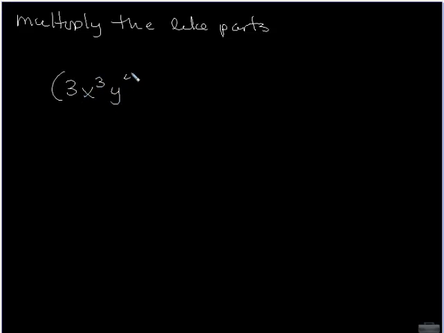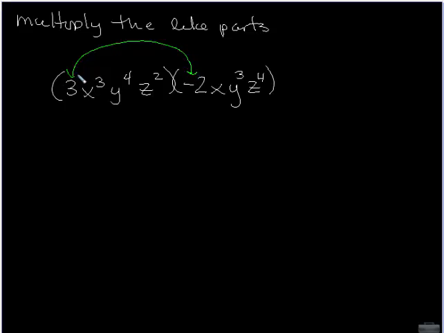What we do is we multiply the like parts. So let's say, for example, I have this monomial, 3x to the third, y to the fourth, z squared, and I want to multiply that by negative 2x, y to the third, z to the fourth. The like parts, 3 and negative 2, are alike. Those are both coefficients.